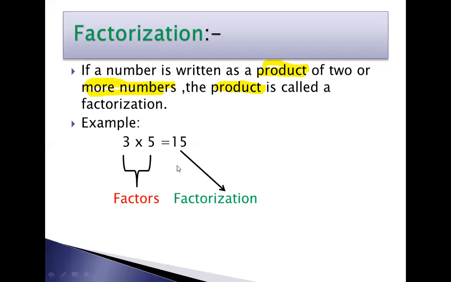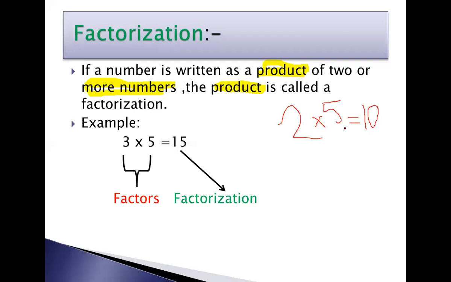So what you have to do is split the given number into its factor form. Suppose I write here 10. What are the factors of 10? 2 multiplied by 5.